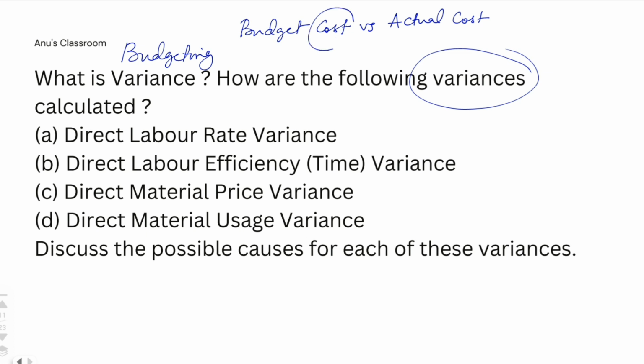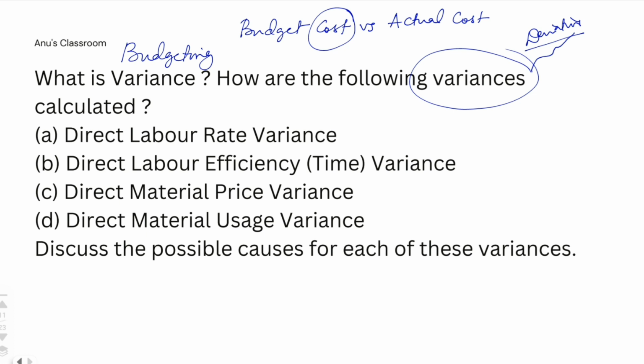We right now talked about cost, but it is not just cost. We can calculate variance for both cost as well as revenue. What is the planned revenue versus what is the actual revenue we got? That is also a variance.